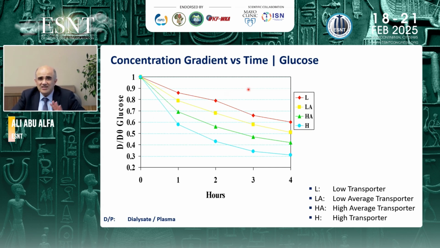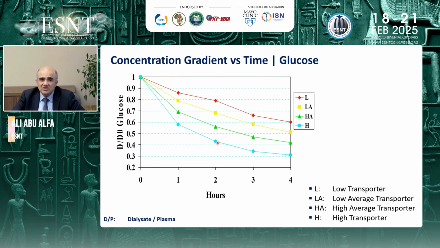So here we go. This is exactly the flip of the creatinine or urea curves. Here, glucose is being lost from the dialysate, shown as dialysate concentration over dialysate at time 0. So this is the max glucose, this is the glucose at a certain hour, and if it is a fast transporter, like moving BUN or creatinine very quickly, here it is in blue again, but it is declining very quickly.